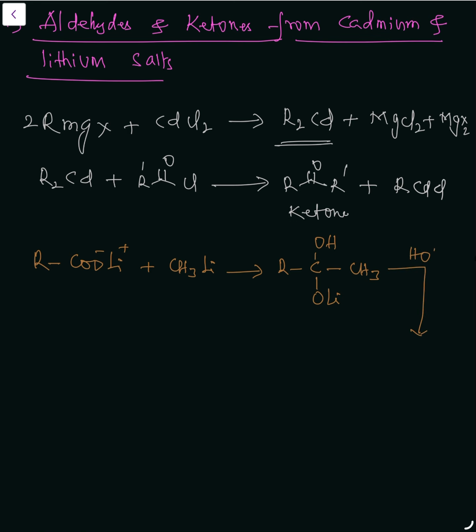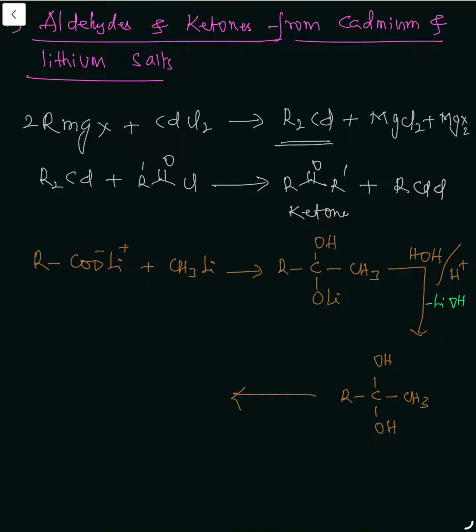This on hydrolysis, in the presence of acid, removal of LiOH takes place. Because of that, the compound formed is what? RC(OH)2 CH3, this becomes OH.